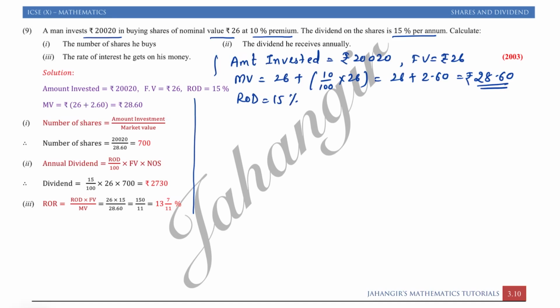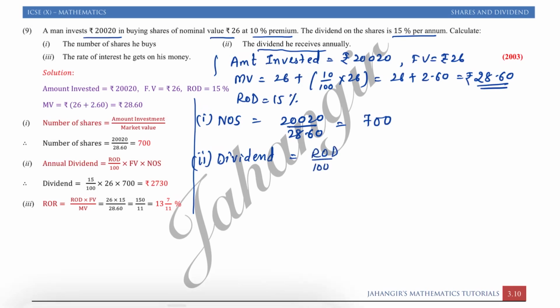We have to first find the number of shares. So number of shares is equal to amount invested upon market value, 28.60. Just remove the decimal, you can solve it by yourself. It's 700. The second question is the dividend he receives, a straightforward question. Dividend is equal to ROD upon 100 into face value.